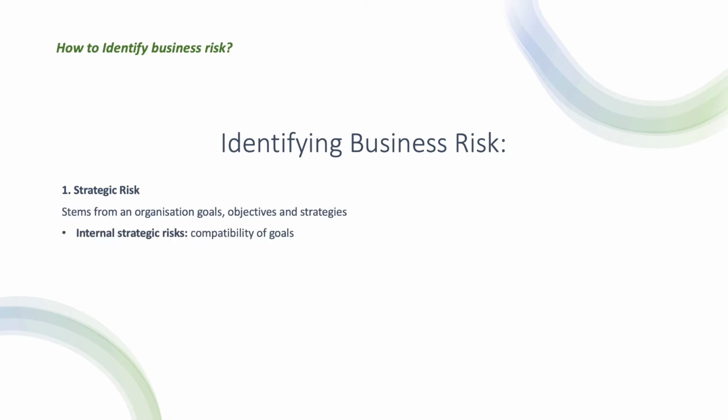What does that mean? Suppose I'm giving you an example. The organization is trying to pursue a low cost strategy and a differentiation strategy simultaneously. Do you think this is a kind of strategic risk where the two might affect each other? At the same time, they are saying low cost, and then differentiation strategy.